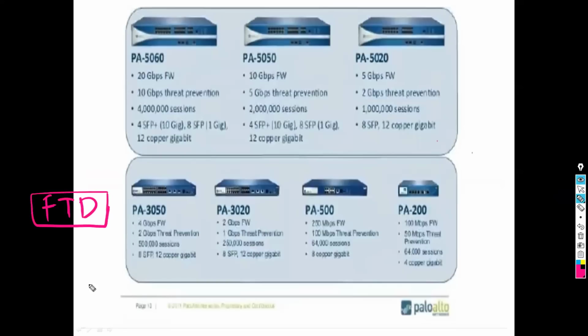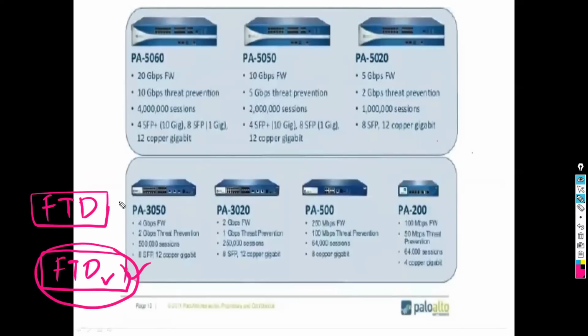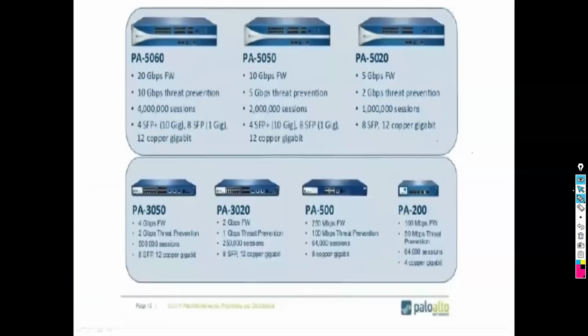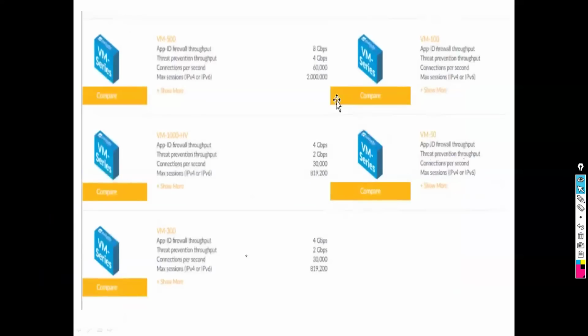This is a physical appliance. But if you have FTD with a small v, this is a complete next generation firewall box, but this firewall box we can use in a virtualization network. We can use it in a VM scenario. So like other vendors, Palo Alto is giving you the option. You can go with physical appliances or you can go with a VM firewall box.